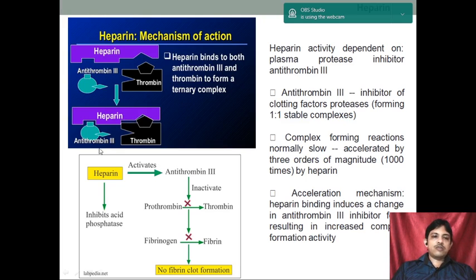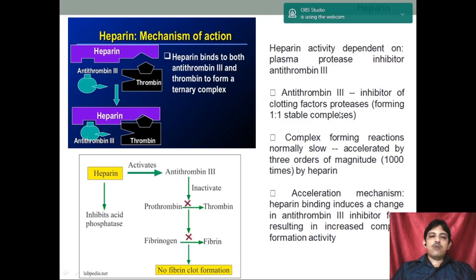Heparin activity is dependent on the plasma protease inhibitor antithrombin 3, which is an inhibitor of the clotting factor proteases, forming a 1:1 stable complex.